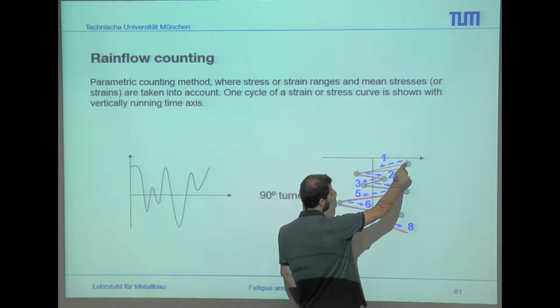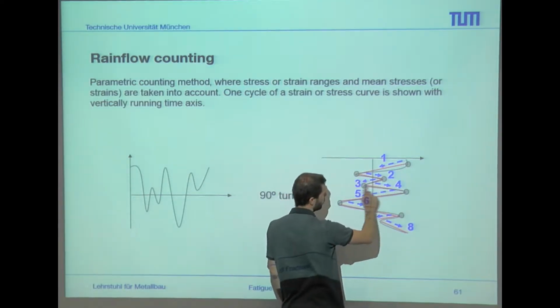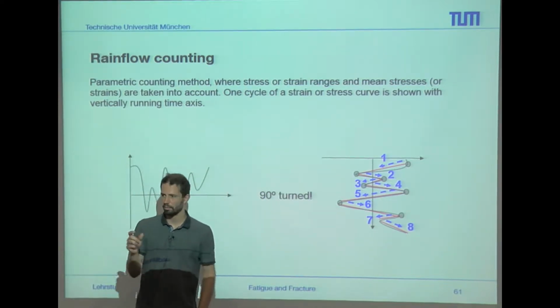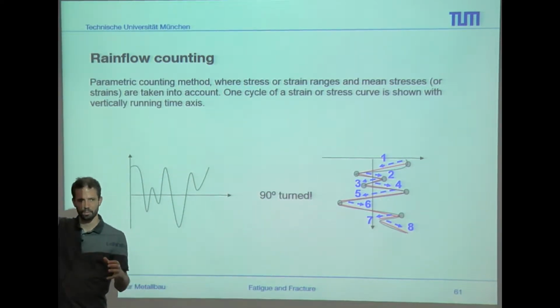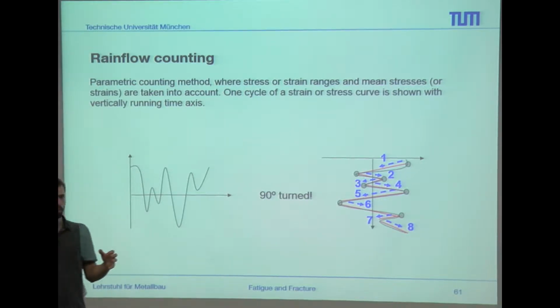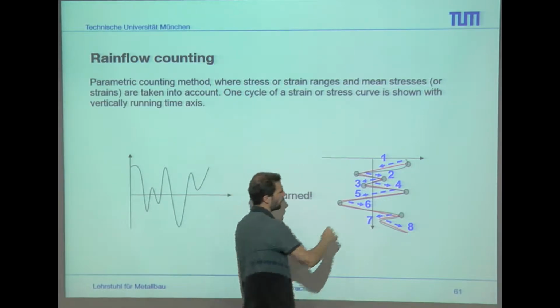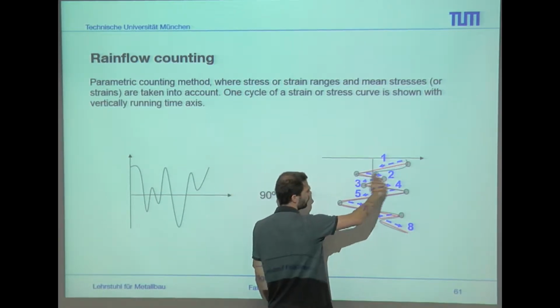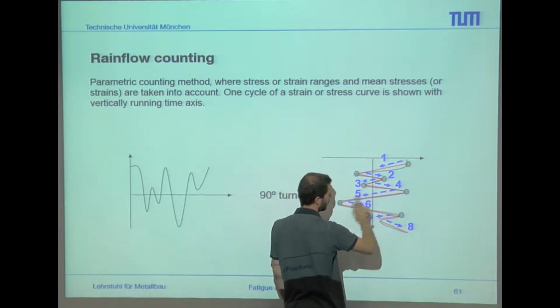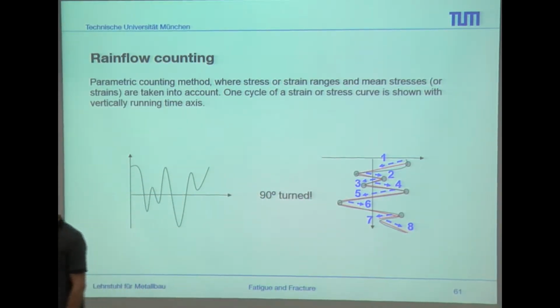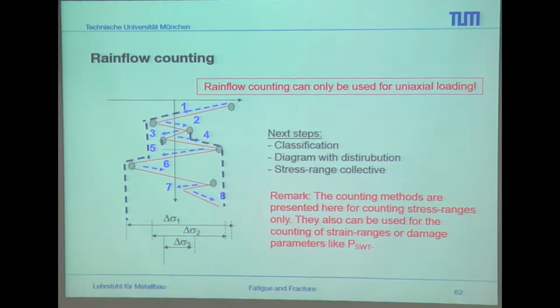And then you see here the water is running, like, I don't know, usually for kids you have some small games where you just put the ball on its side, and then the ball is running through this tool. So also here the same with the water. You start here and just go downwards, and at the end you can calculate the rain flow or the closed hysteresis.